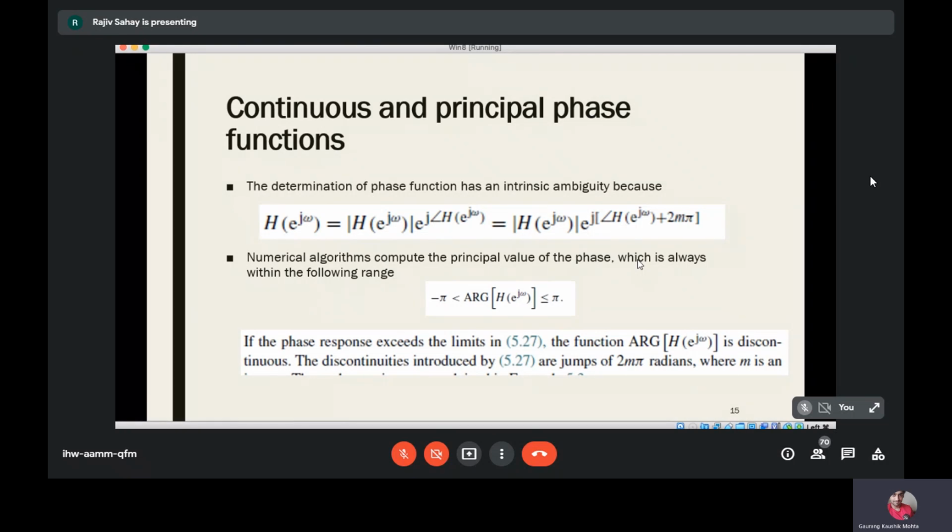Are you able to hear me clearly? So you have just one sheet of paper completely wrapped around the cylinder, and you have plotted some phase function on it. That graph goes from minus pi to plus pi.